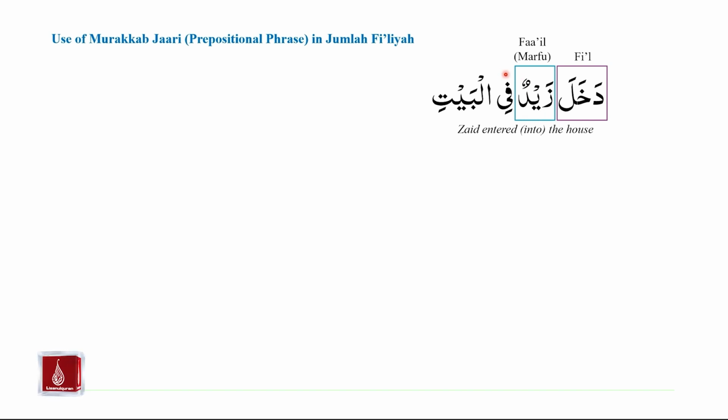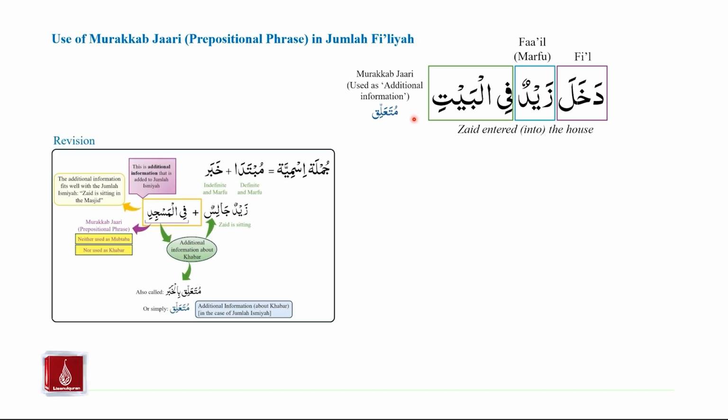We have some additional information after dakhala Zaidun, fil bayti. If we pay attention to fil bayti, this is a murakkab jari, and this is used as additional information or muta'alliq. To revise, we used muta'alliq or additional information with jumla ismiya as well. Jumla ismiya had two parts, mubtada and khabar.